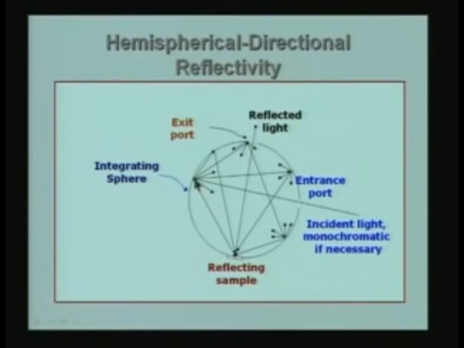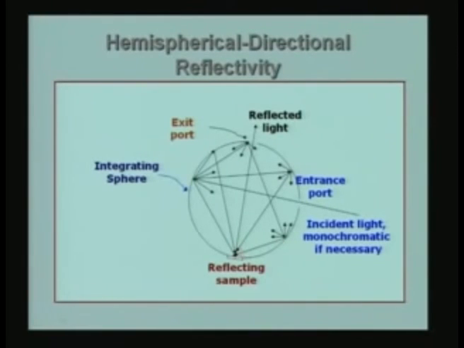When it falls on this surface, it is reflected in all directions, and the reflected light may fall on any other part of the sphere after reflection. Suppose I follow one ray: it came here and got reflected here, it undergoes another reflection, or it goes here, it goes through another reflection. So, a large number of reflections are going to take place inside.